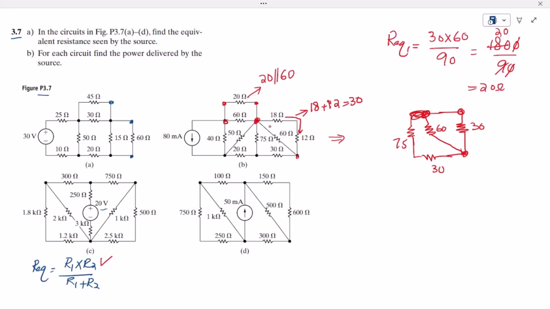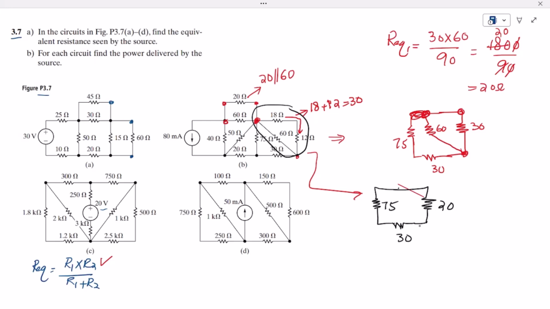Okay, you can see that it will be here, and these are basically what this will be. Now you will see that this equivalent is 20 ohm. The equivalent of them is 20, and this is basically the resistor here, which is now in series with this 30, and here the other connected resistor is this 75.